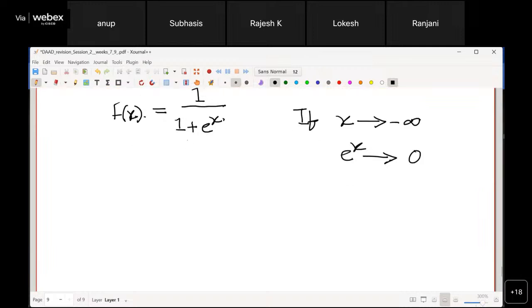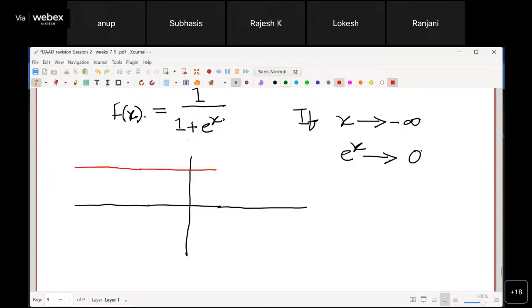So in that case, f of x will go towards 1, right? So from here you can say that 1 will be an asymptote. If you draw this line, let's say x equal to 1.